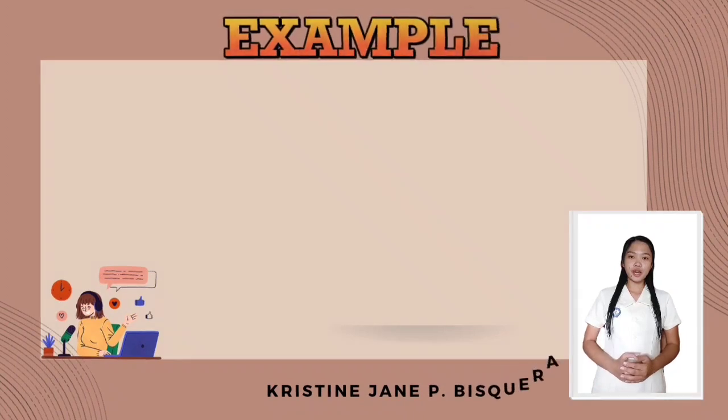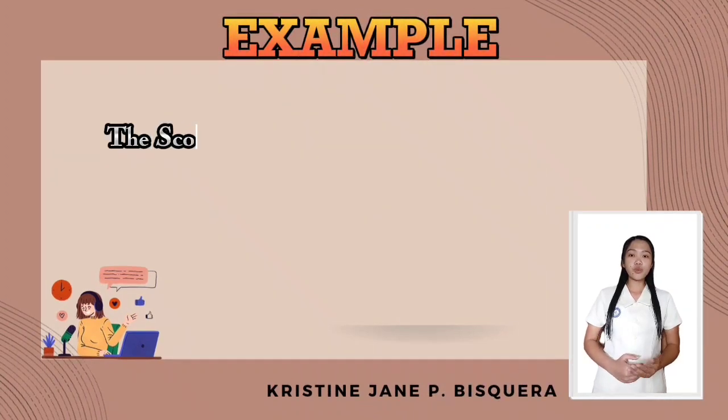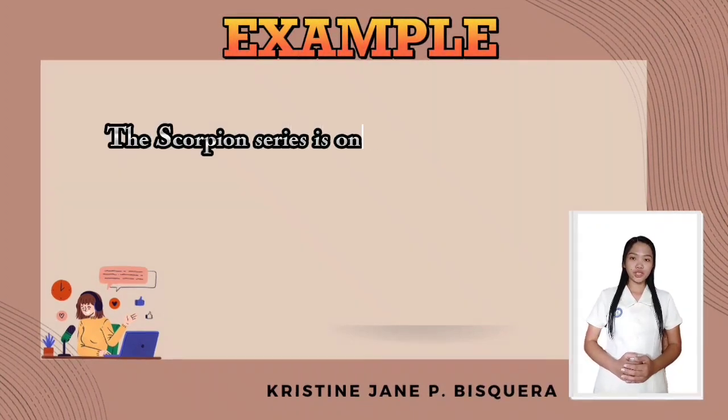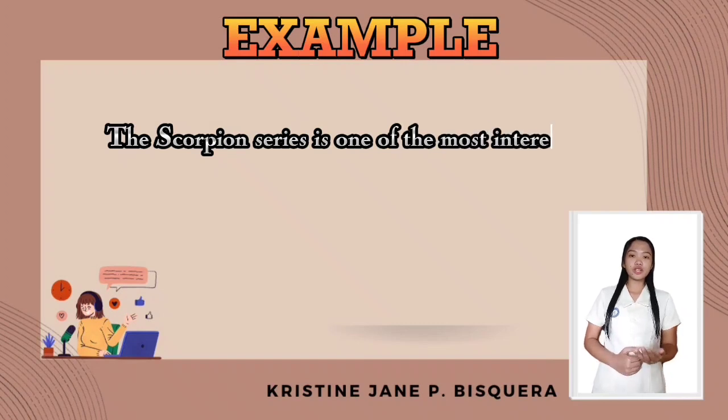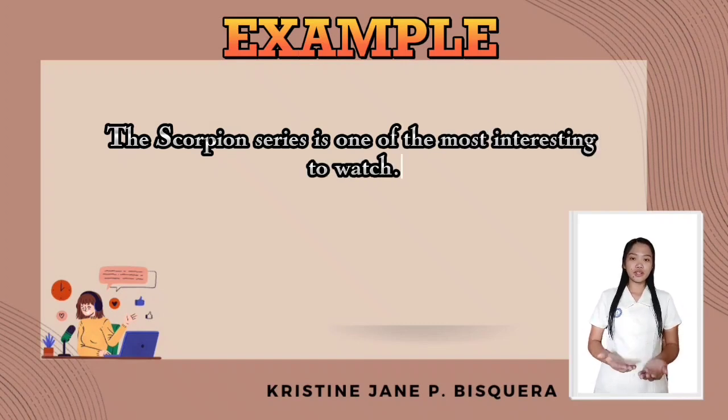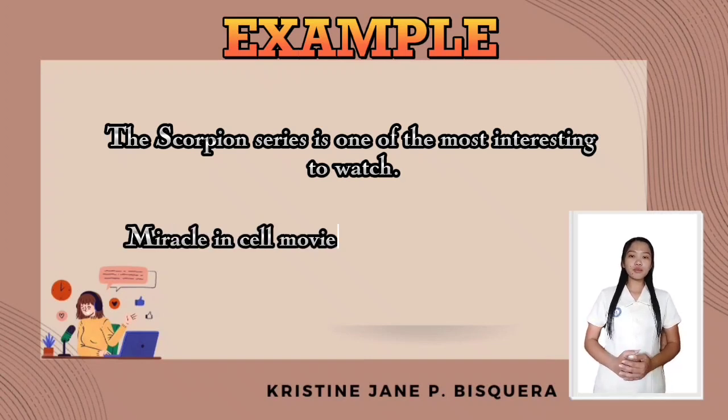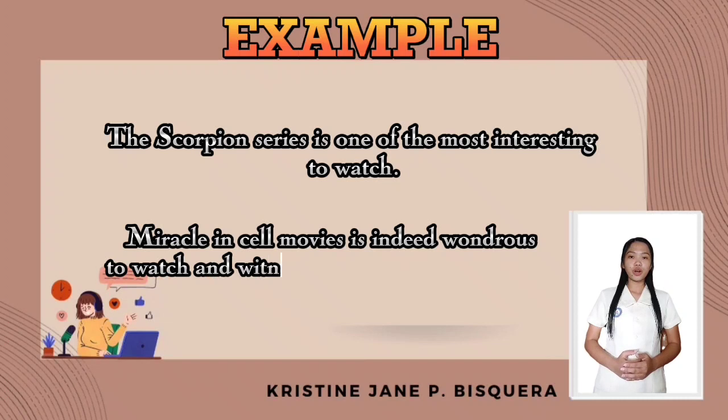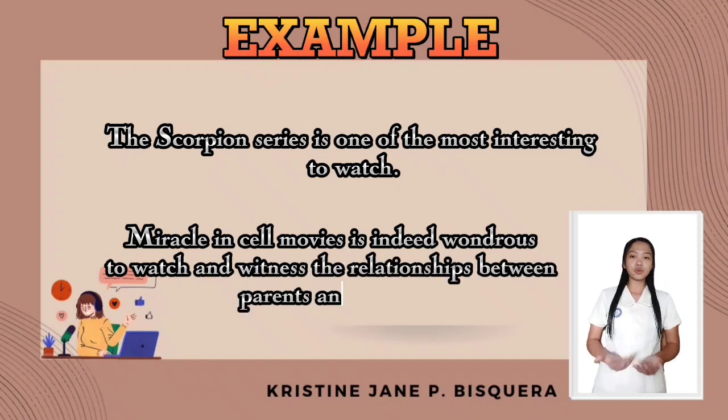So here is the example. The Scorpion series is one of the most interesting to watch. So Scorpion is a singular form and is is a singular form of verb. Another example, Miracle in Cell movie is indeed wondrous to watch, to witness the relationship between the parent and the child. So Miracle in Cell is a singular form and is is a singular verb.